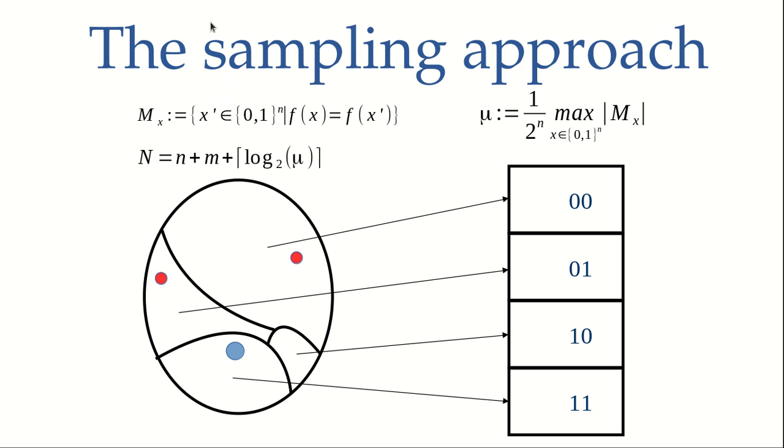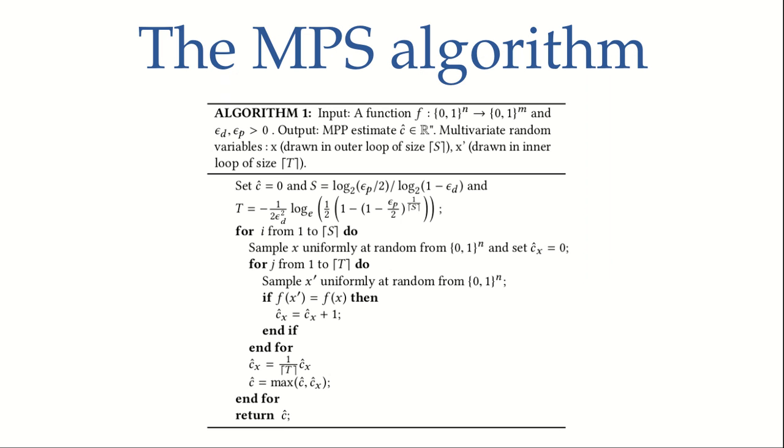So the main technical contribution of our paper was to do an exact probabilistic analysis of this problem and to find out how many we really need to sample. And so this is what we did, and we found these expressions here.